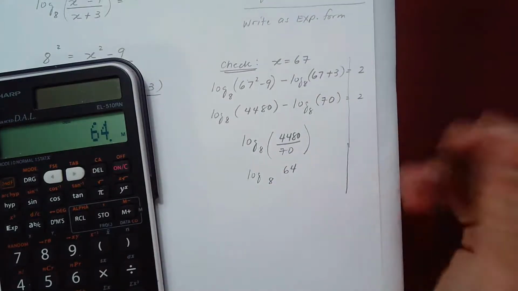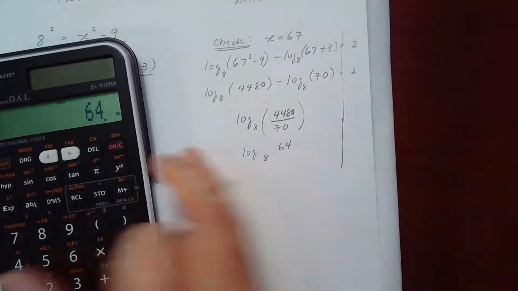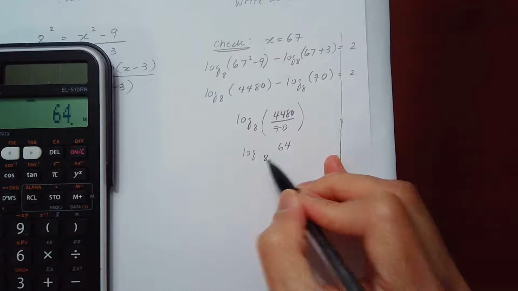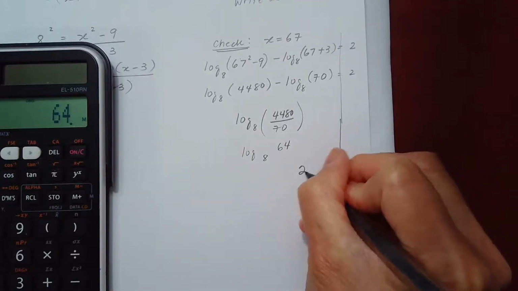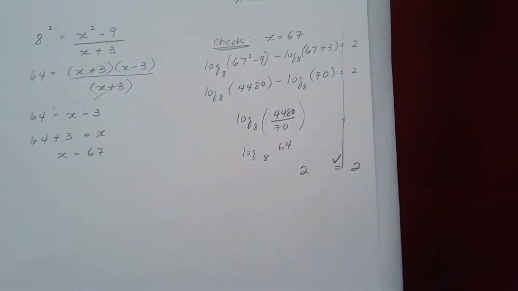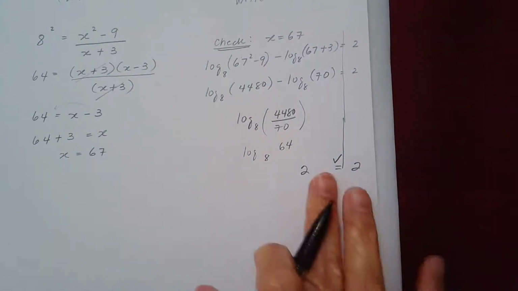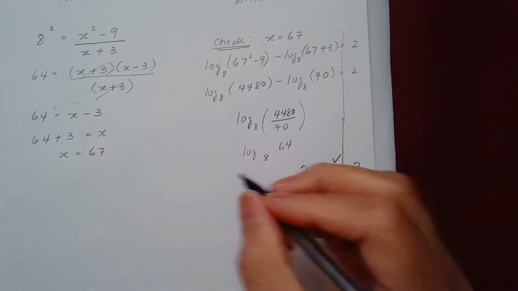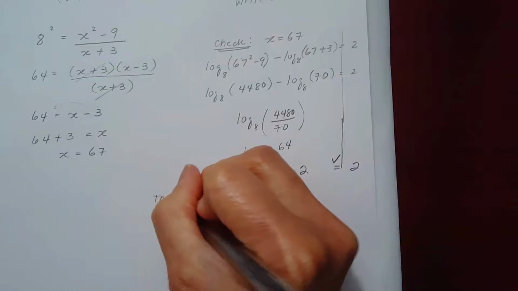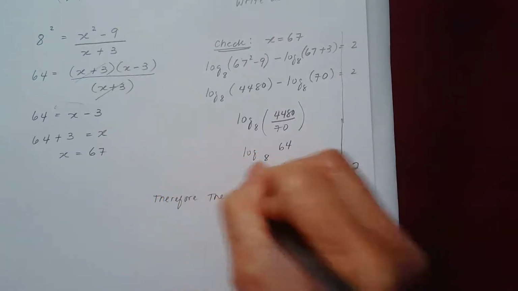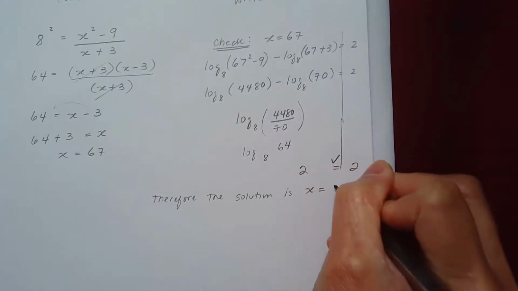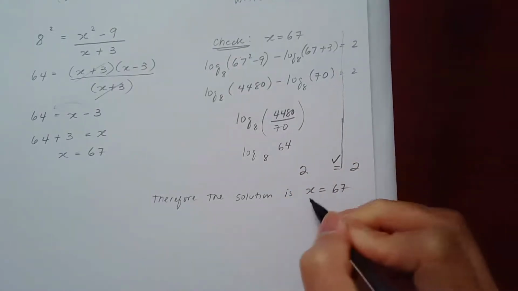Now you'll probably see, okay, that makes sense, because what exponent do I need to apply to 8 to get me 64? The answer is 2. So the answer is 2, and that was correct. So therefore, the solution is x equals 67.